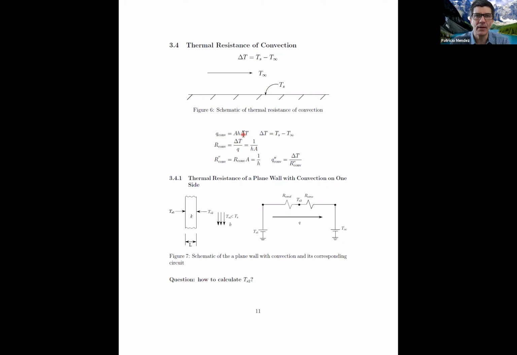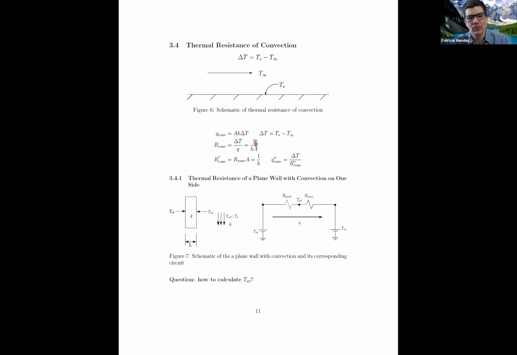So I can apply Ohm's law for heat transfer and define the thermal resistance of convection, delta T over Q, which, dividing out Q and the Ah, is 1 over hA.